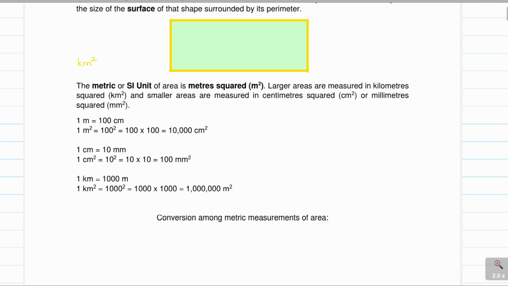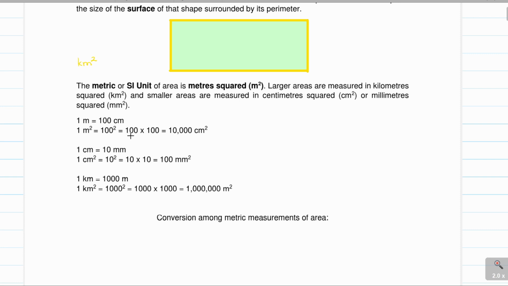Now, we learned in the last lesson that 1 meter is equal to 100 centimeters. Now, if we want 1 meter squared, we are going to square that 100. So 1 meter squared is just 100 centimeters squared.